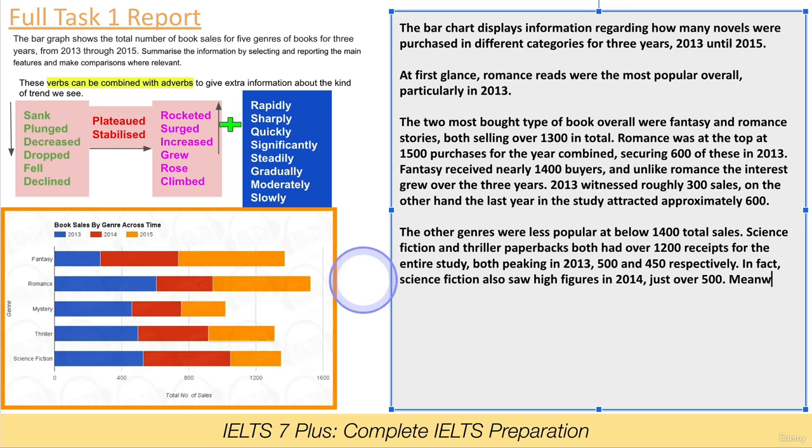Now we can go into our mystery group. So, meanwhile, mystery drew in the least interest out of all the genres, and it was 800, 1,000, roughly, approximately around 1,000 for the study, for the 3 years, maybe for the 3 years.